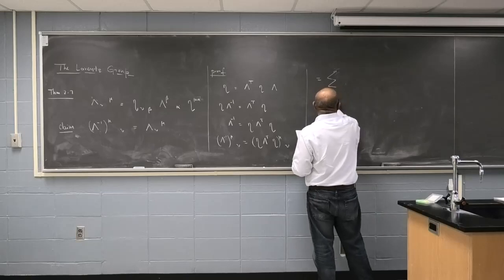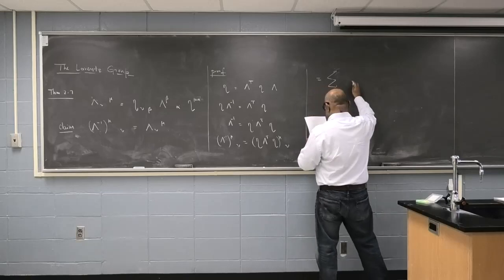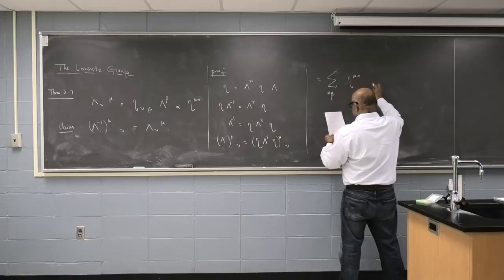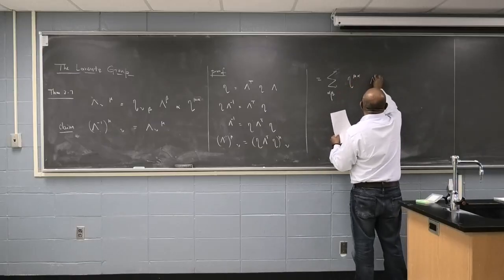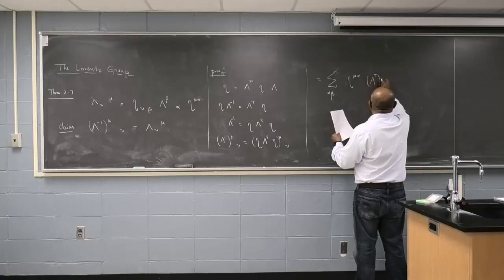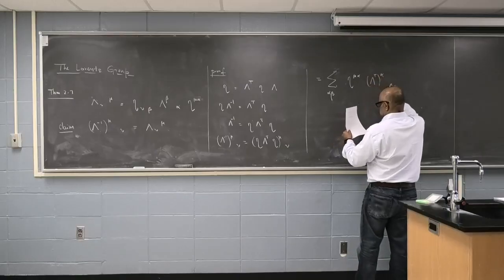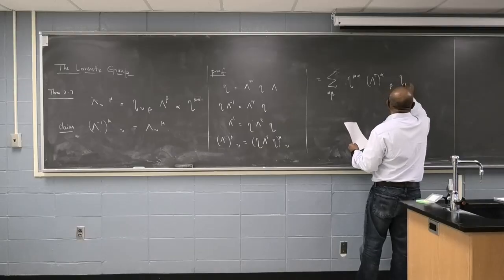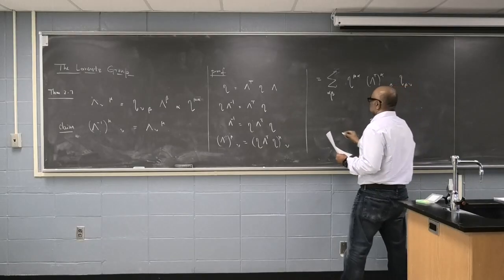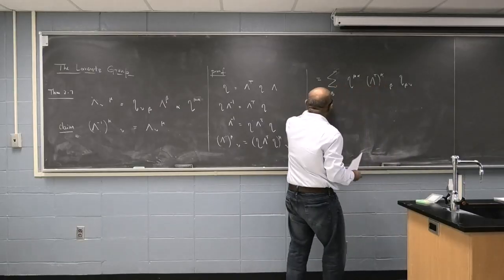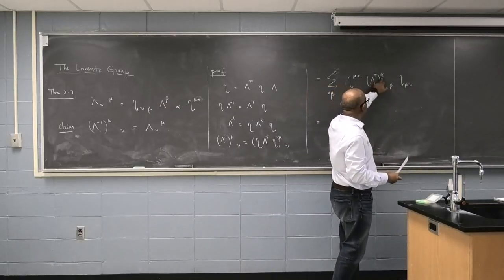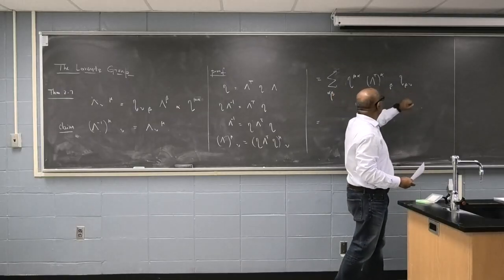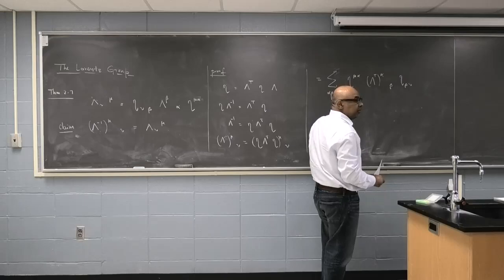Let me write this down: alpha, beta, and then this is eta mu alpha, lambda transpose alpha beta, eta beta mu. Look, if alpha is multiplied, these two are multiplied. If beta is being summed, these two are being summed. Now, why did I have to put the summation?